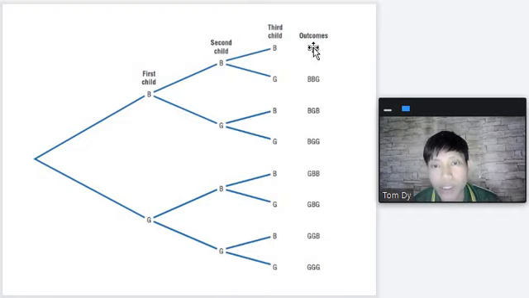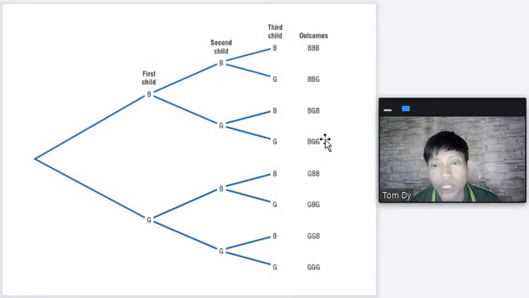So the outcomes now, for the first child, second child, and third child: you have here B, B, B. These are boy, boy, boy. And then we have another outcome, boy, boy, girl. Then boy, girl, boy, and then boy, girl, girl.